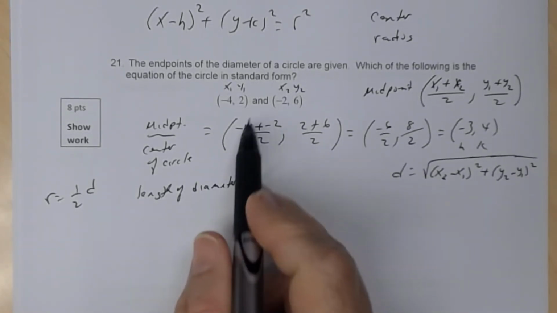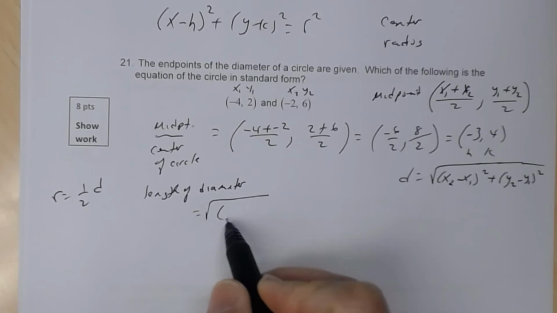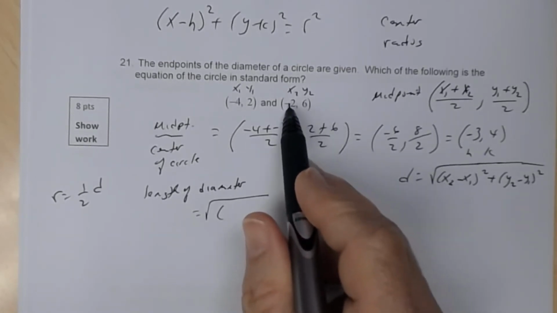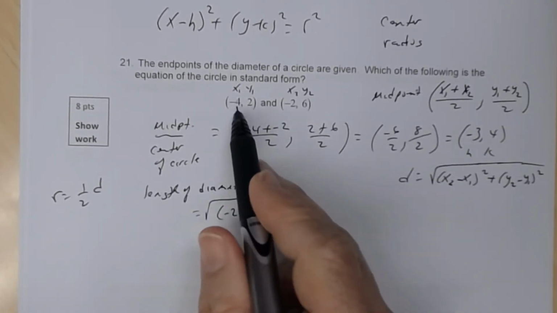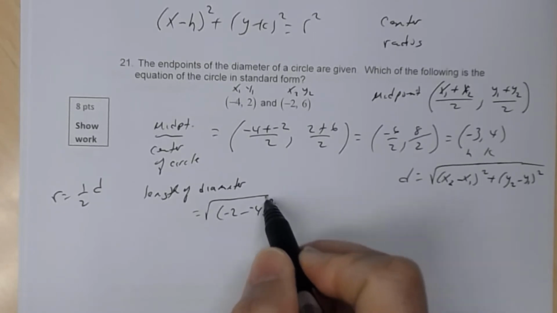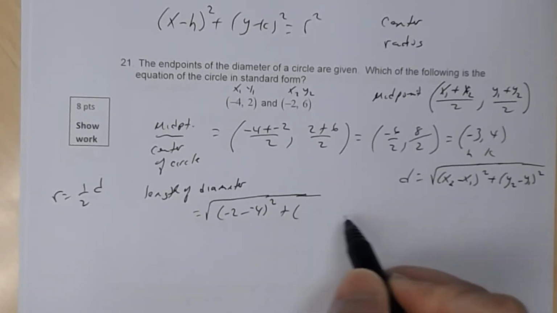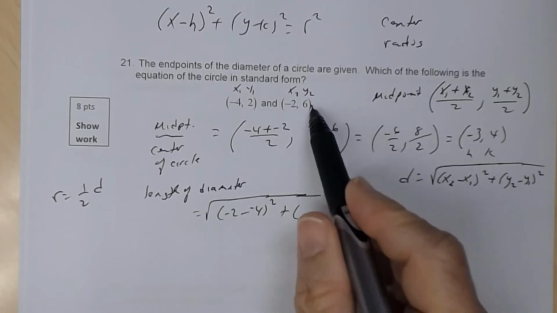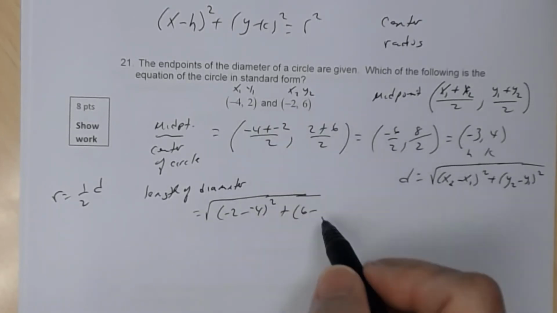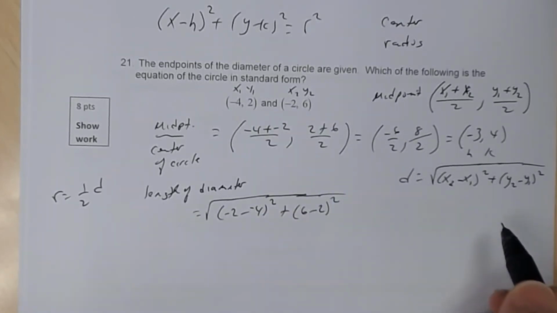So the length of the diameter here is going to be the square root of, in parentheses, x2, which is -2, minus x1, which is -4, squared, plus y2, which is 6, subtract y1, which is 2, squared.